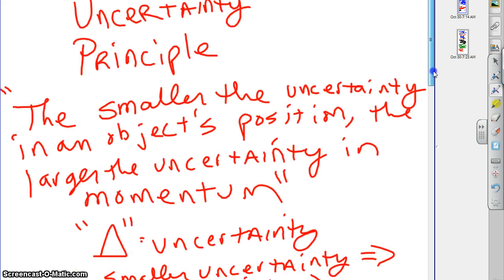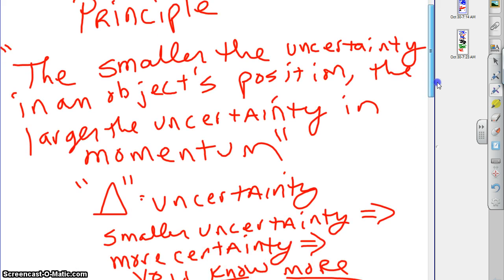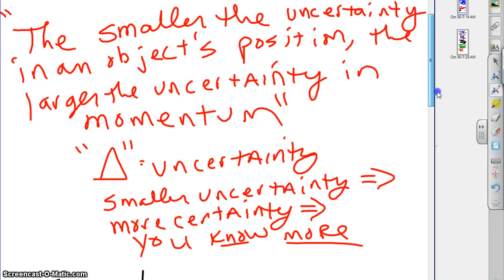So what do we mean whenever we say uncertainty? Well, first of all, mathematically there's a symbol for uncertainty. It's this little triangle, the delta sign. And it basically shows how well you know something. A smaller uncertainty means, of course, that you have a greater certainty, which means you know more.